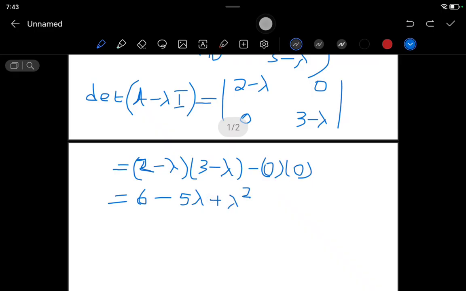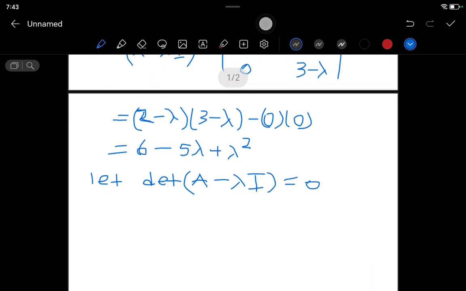Now if I let the determinant of A minus lambda I be equal to 0, that's when I can find the characteristic polynomial. The characteristic polynomial is this: 6 minus 5 lambda plus lambda squared equals 0. But we should write it like this. Let me write it in this way.